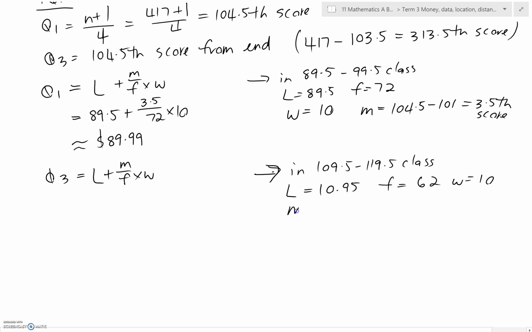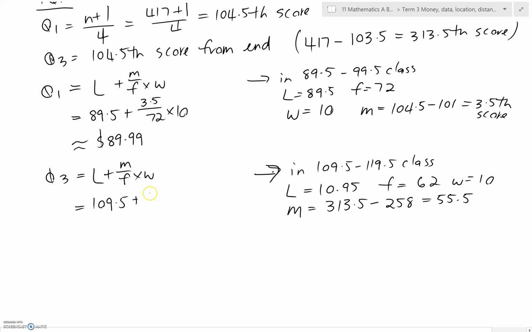The M score is that 313.5. So where in the row is the value we're looking for? 313.5 minus the cumulative frequency of the row before that. So it's the 55.5th score in that row that we want.